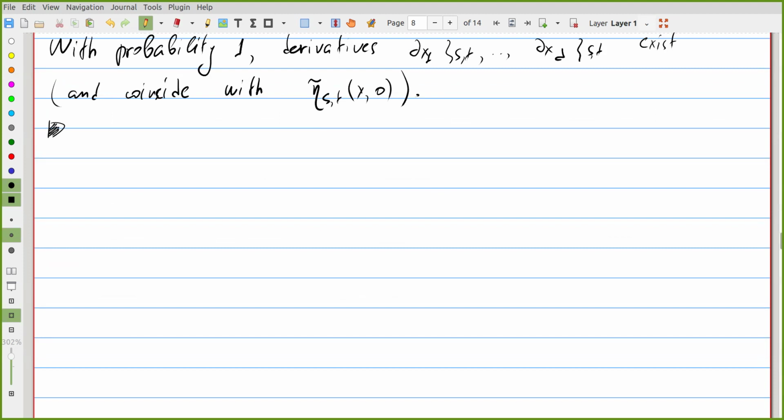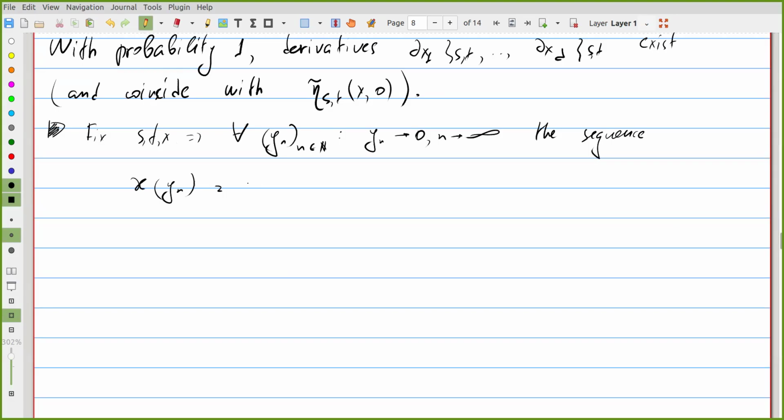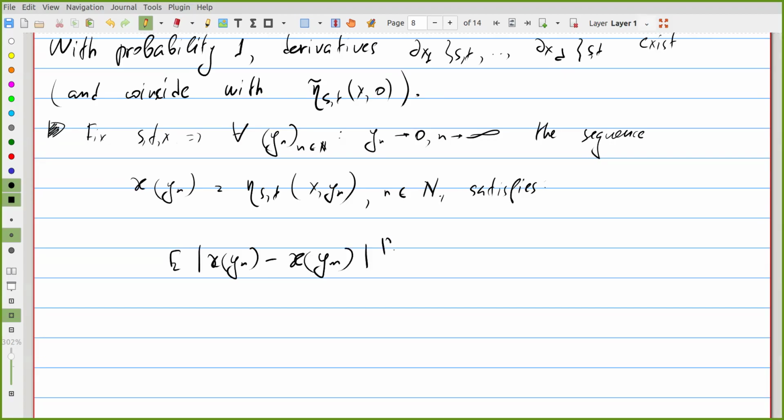So note that if we fix s, t, x, then for any sequence of numbers converging to 0, this sequence, I will denote it kappa y1 because everything else is fixed, gradually satisfies that the expectation of its p-th power is less than c.